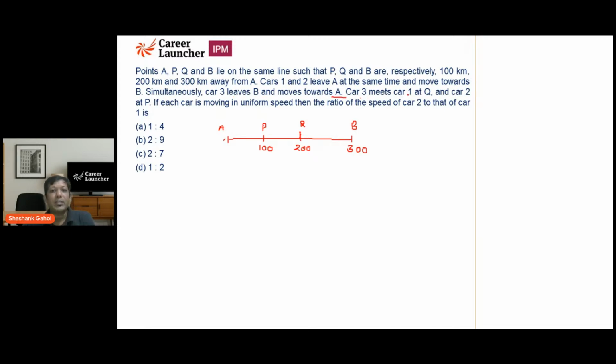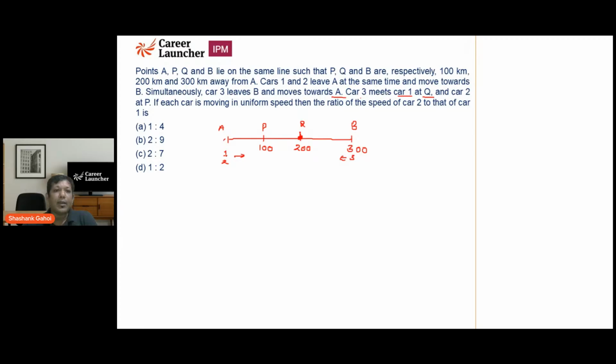Car 3 meets car 1 at Q. Okay. So when car 1 and car 2 are moving like this, car 3 is moving like this.